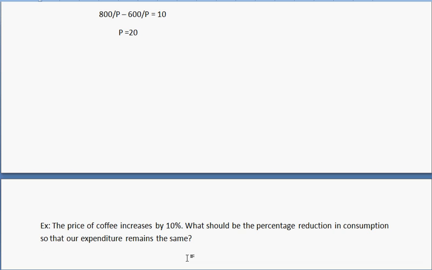So the question says the price of coffee increased by 10%, right? What should be the percentage reduction in consumption so that our expenditure remains the same? So just try and solve it. Just try to formulate the solution in the minimum steps possible.